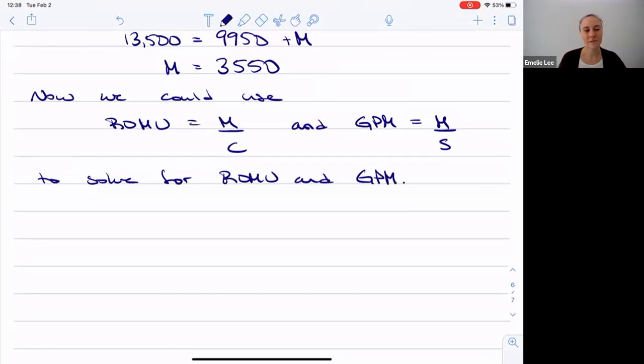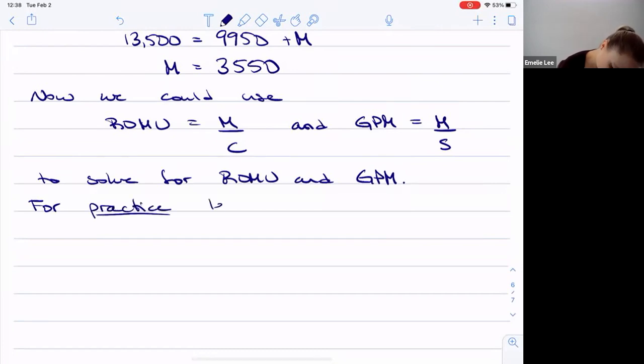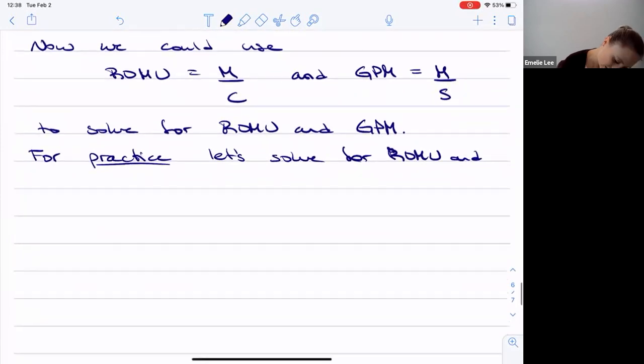For practice, just to establish that when you're reading these notes later, potentially, I don't want you to get confused, but for practice, let's solve for the ROMU and use it to find the gross profit margin.